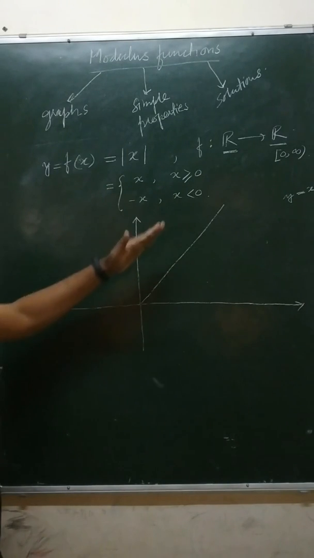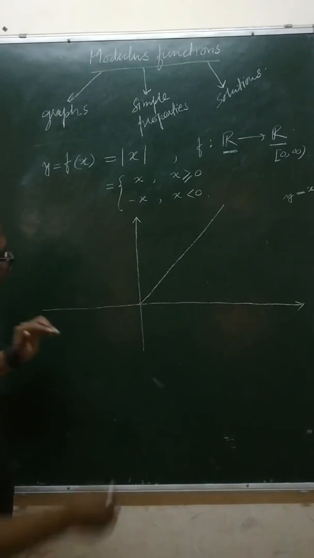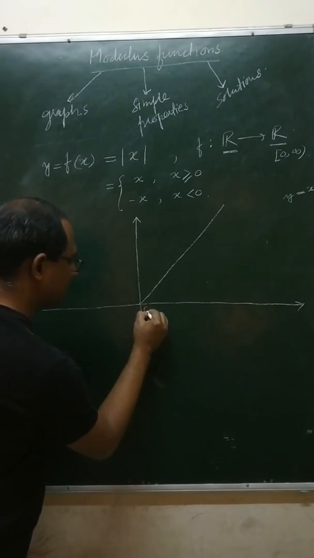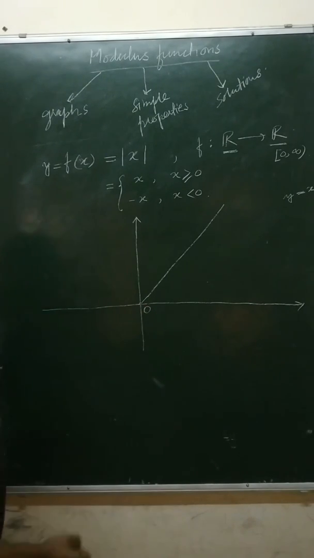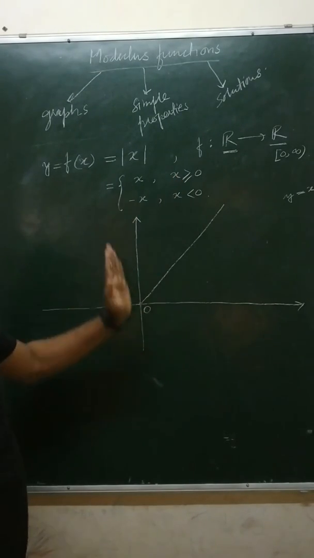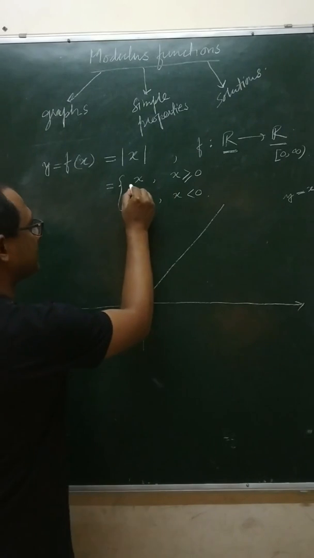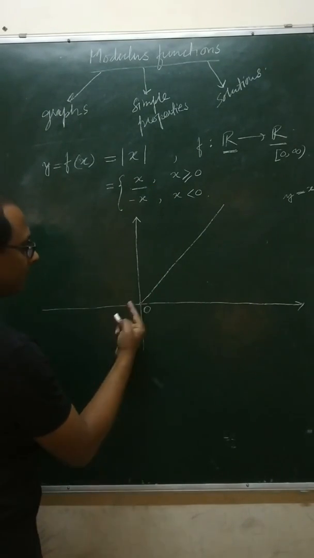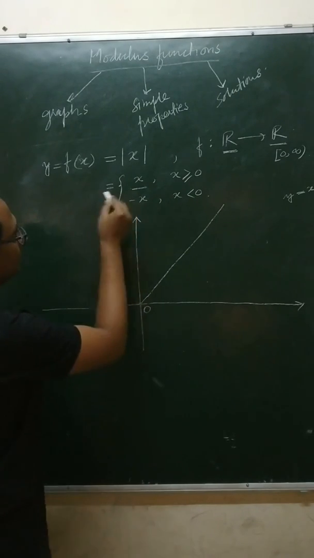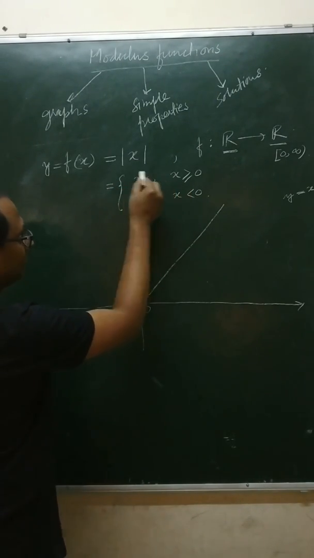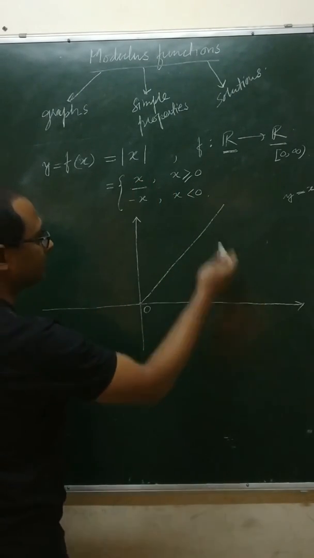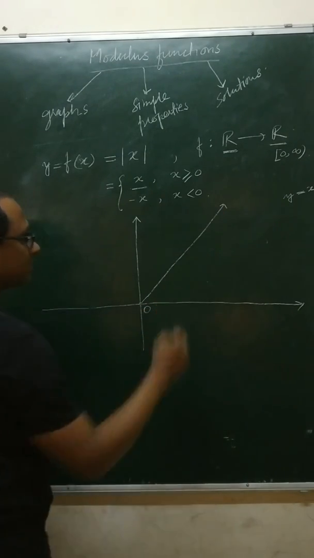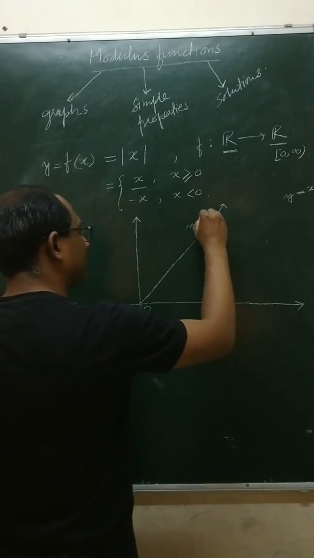But here this graph will not go beyond this point 0, because that is how it is defined. We are drawing exactly this, y equal to x. So it will be right from 0, the value of 0 is 0 and the other positive numbers map to themselves. So it is y equal to x.